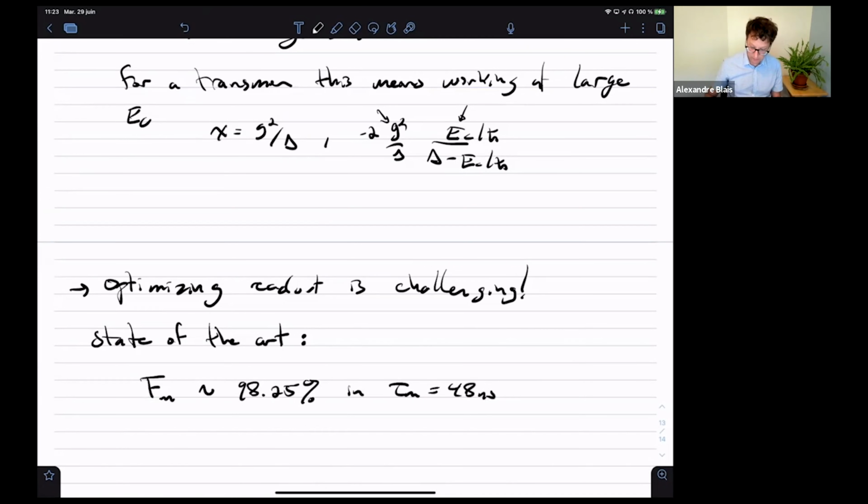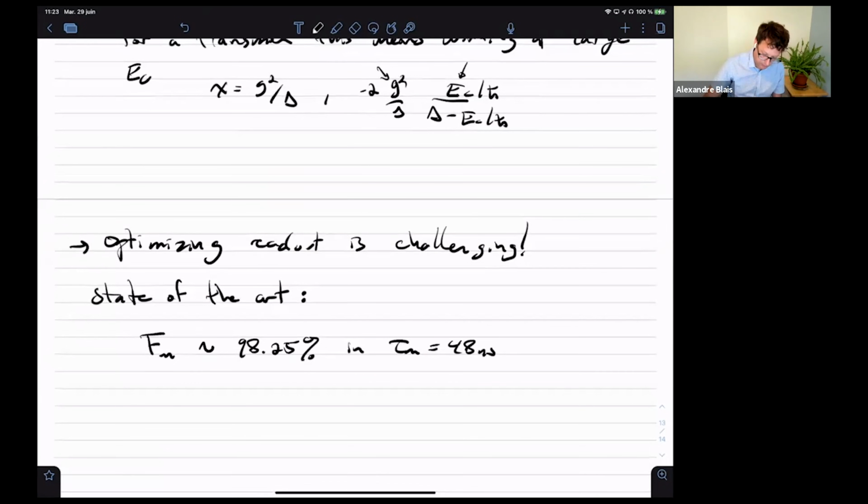So very short measurement time, in fact, with respect to typical measurement times, and 99.2% in TM equals 88 nanoseconds. So if you allow for more time here, more integration time, you get more signal, and therefore you can assign with higher fidelity the state of the qubit.